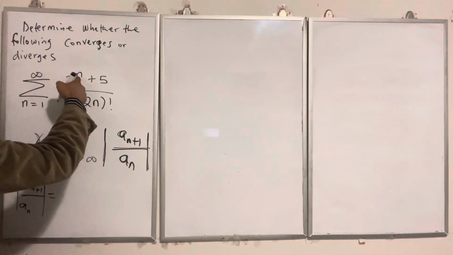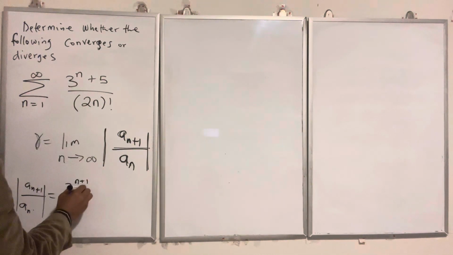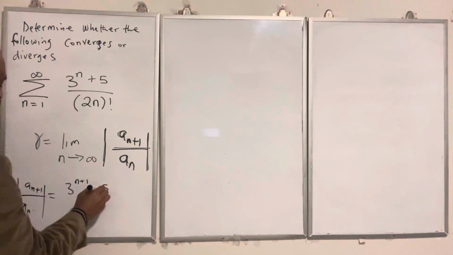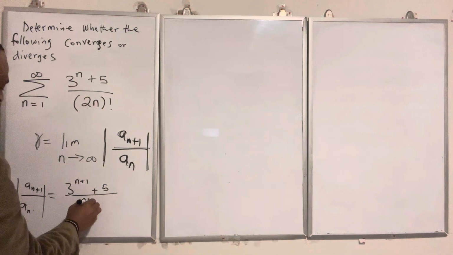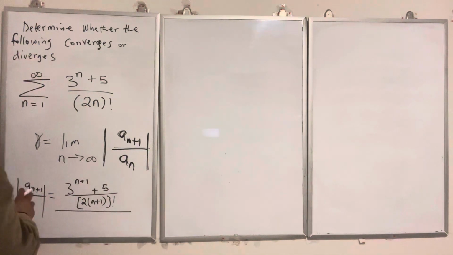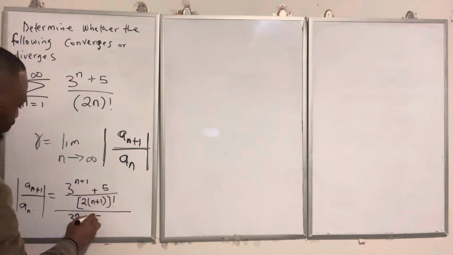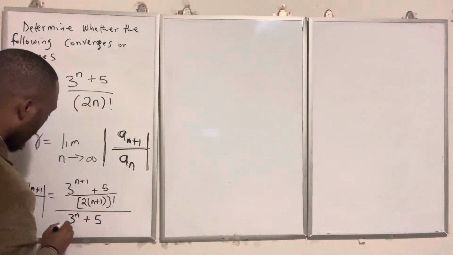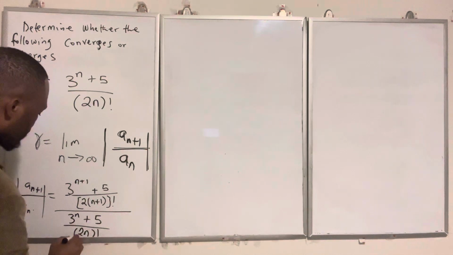putting n plus 1 in, we have 3 raised to n plus 1, plus 5, over 2 times (n plus 1) factorial, this is the a(n+1) term, over 3 raised to n plus 5 over 2 times n factorial.